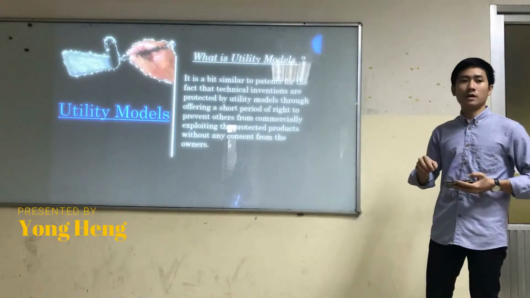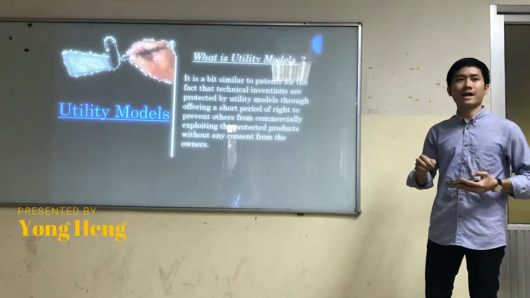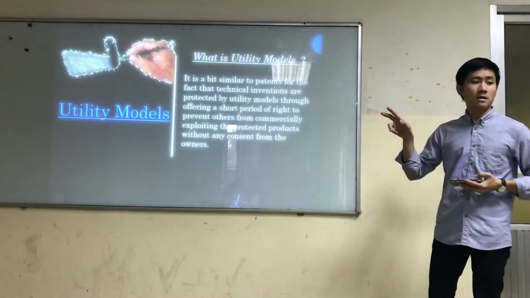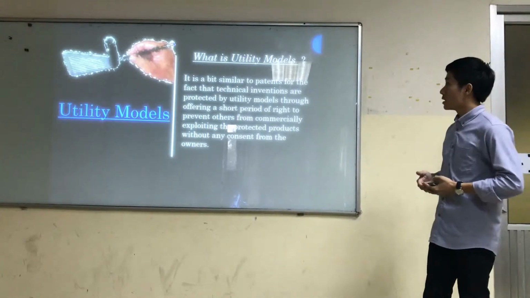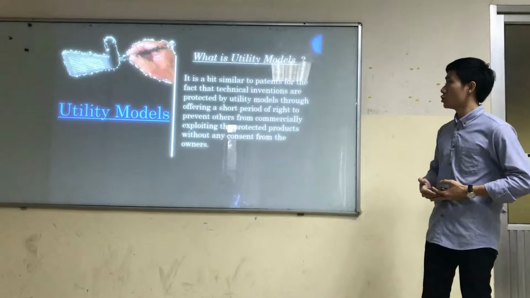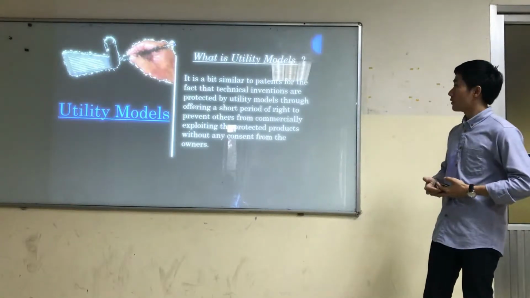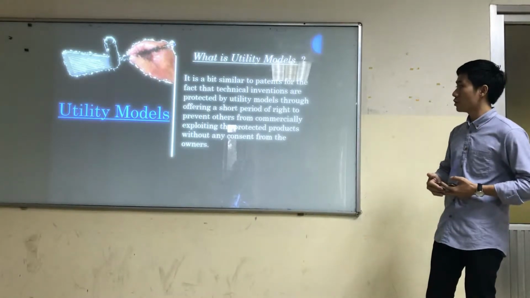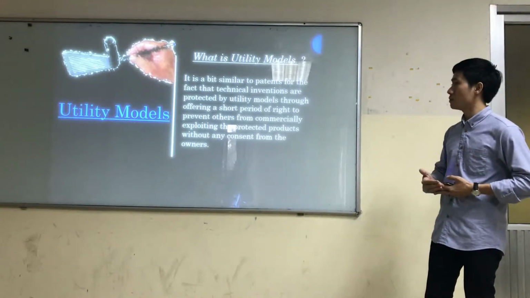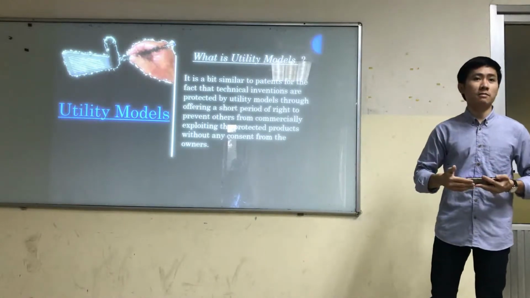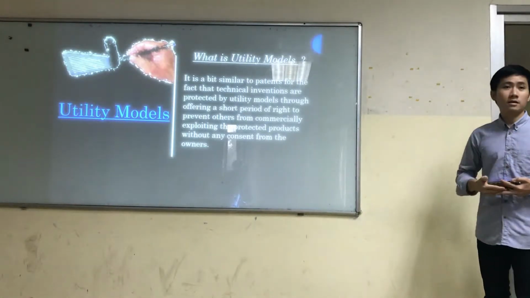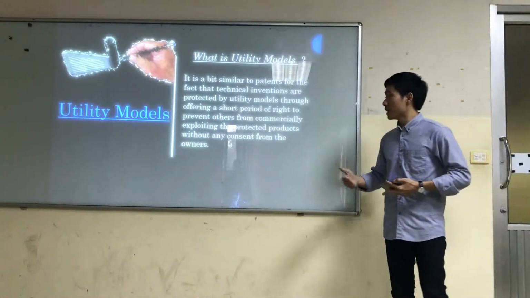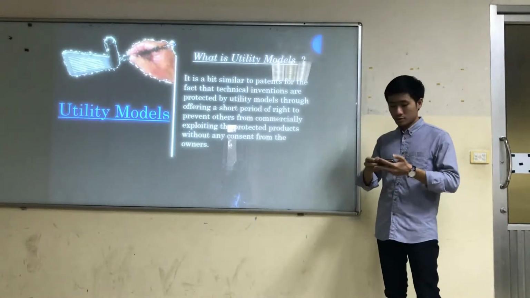So I just want to brief you about what exactly a utility model is. By the definition provided in the law, it is quite similar to patents in that technical inventions are protected by utility models, offering a short period of right to prevent others from commercially exploiting the protected products without any consent of the owners.